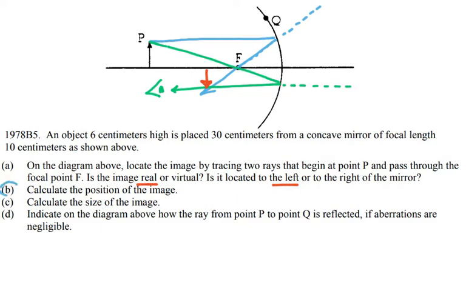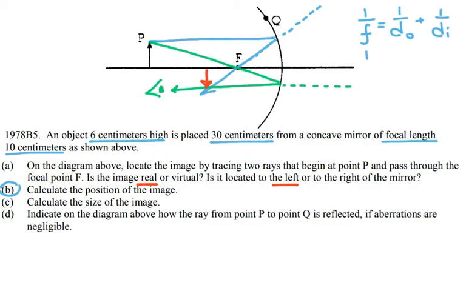For calculating the position of the image, I have to use the lens or mirror equation. So I have 1 over f is equal to 1 over d_o plus 1 over d_i. They tell me that the object is 6 centimeters in height, and the distance from the mirror to the object is 30 centimeters, and the focal length is given as 10 centimeters.